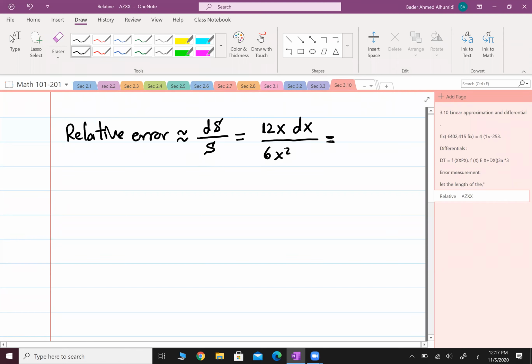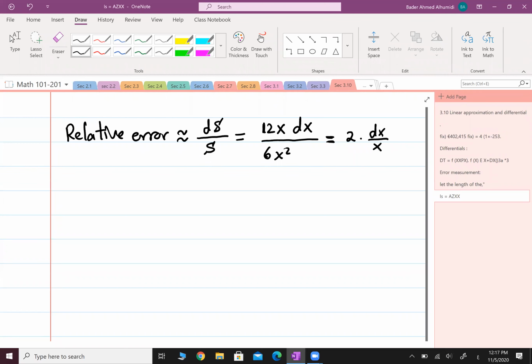If you calculate carefully, this will give you 2 times dx over x. So the relative error in the surface area is twice the relative error in the measurement of the side of the cube.